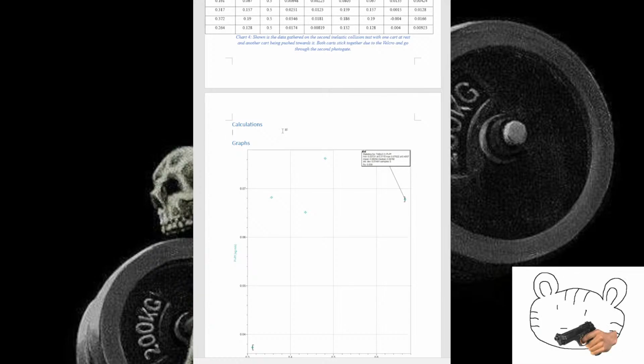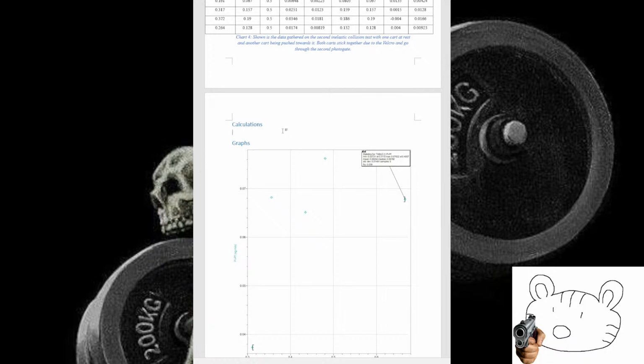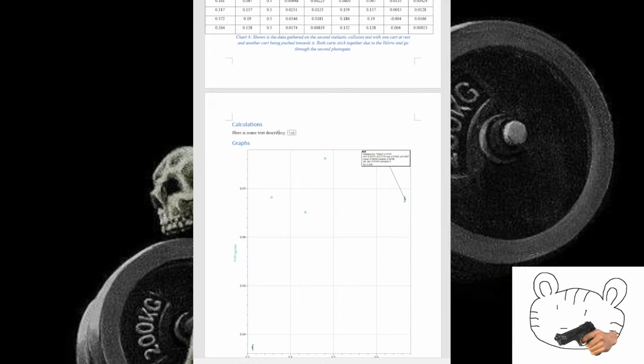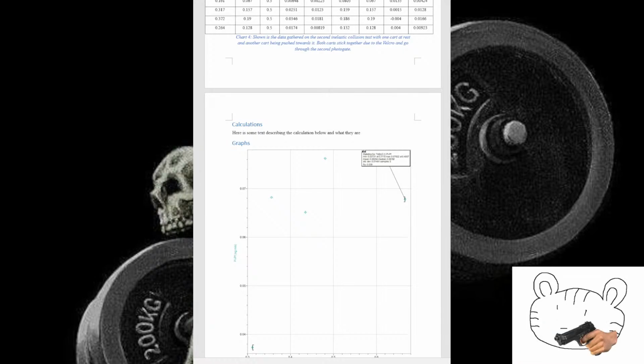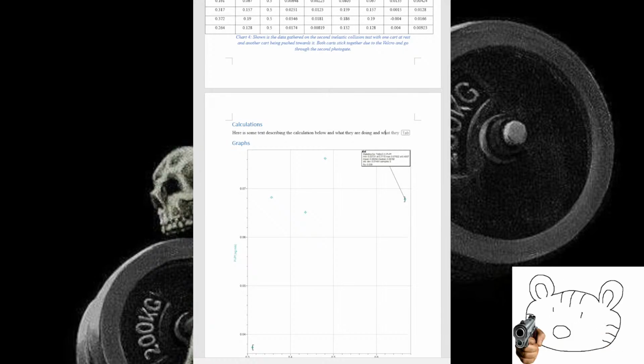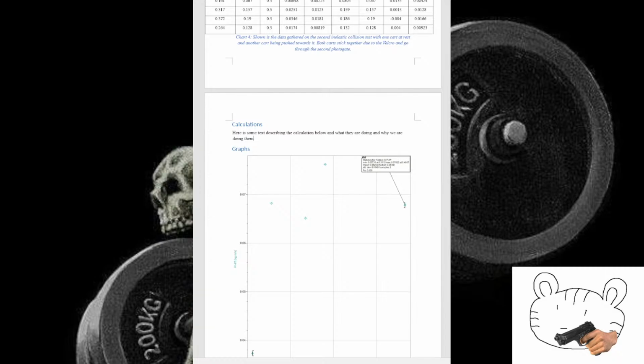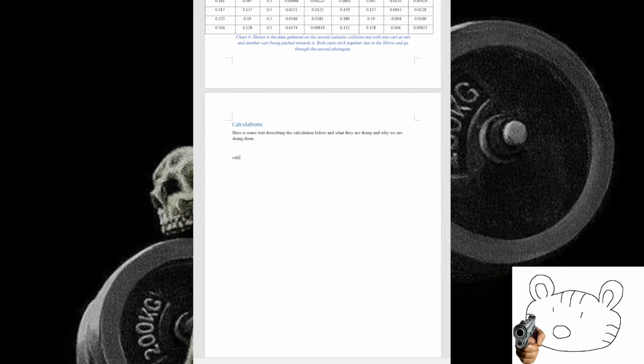But for your calculations, you should put some text describing the calculations below and what they are doing and why we are doing them. And then it's the calculations.